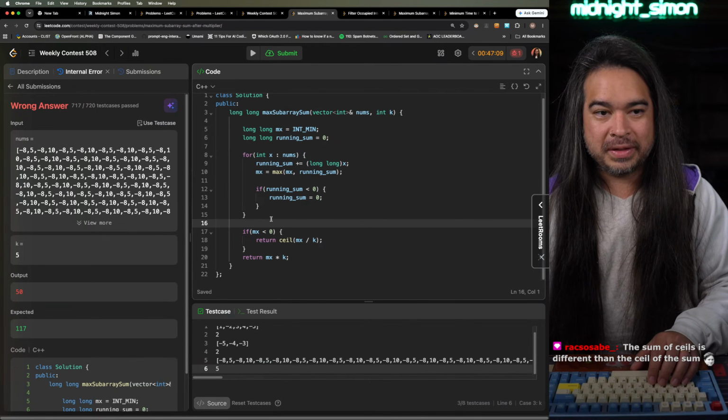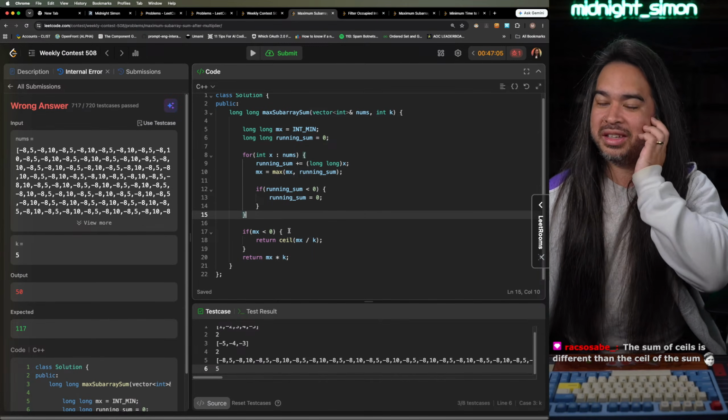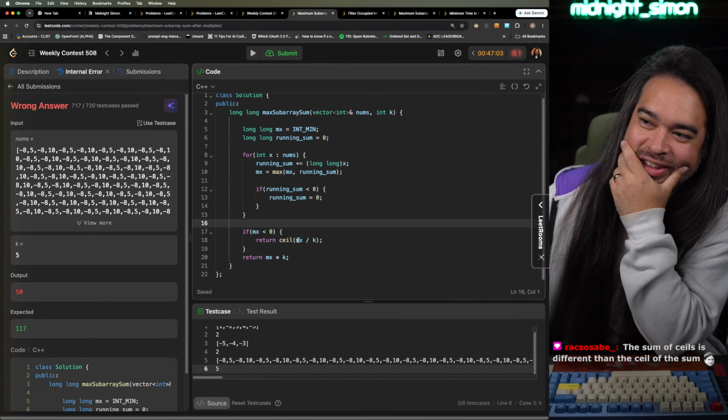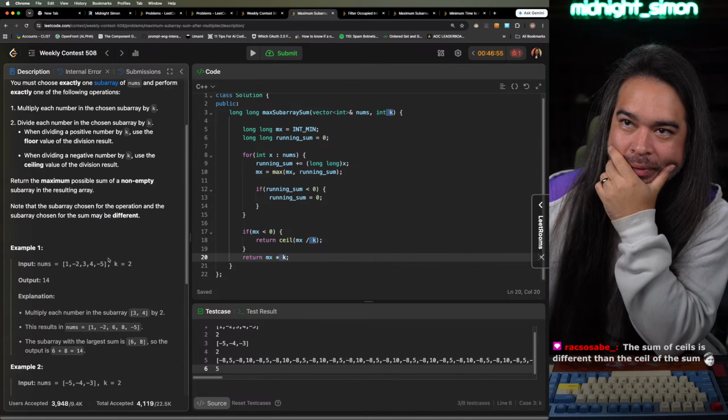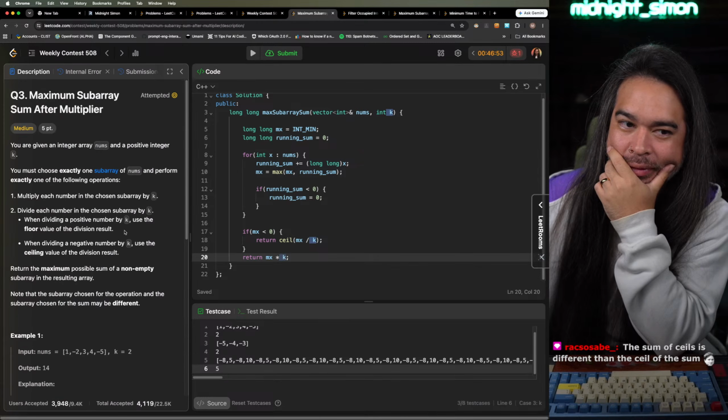The sum of ceilings is different than the ceiling of sums. What? What are you talking about? Sum of ceilings.